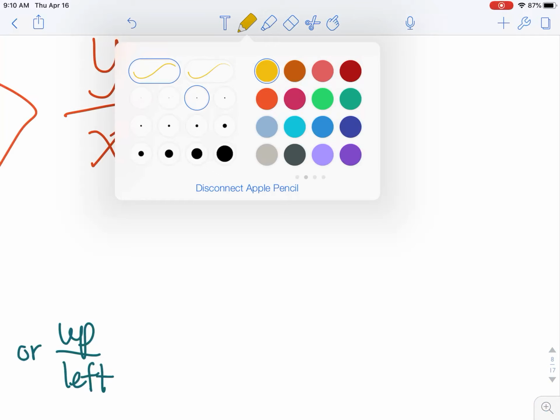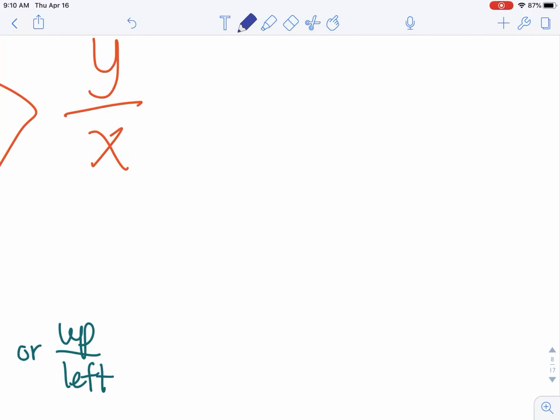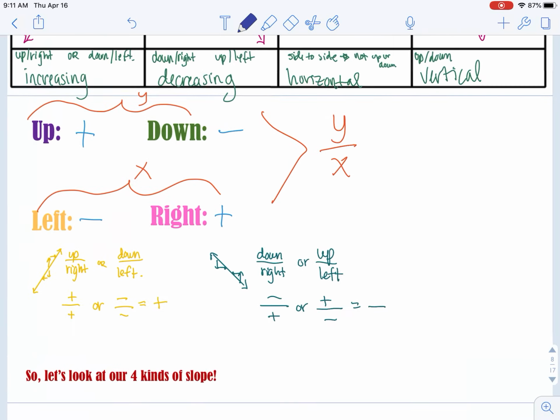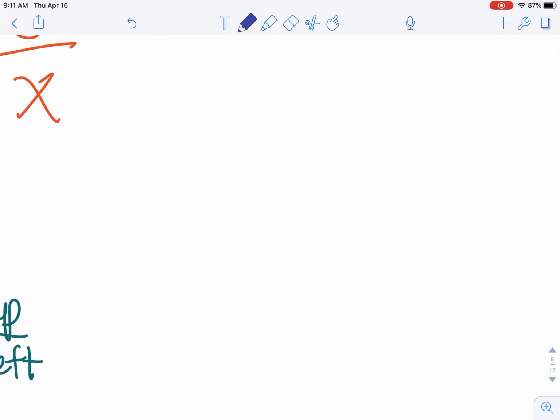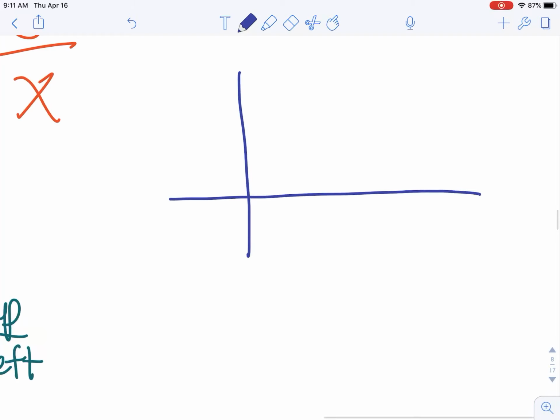Next, actually, let's look at this for a second before I move on. When you did your summative, you had your graphs and you said these were your weeks and this was your total weight. And your graph probably looked something like this.